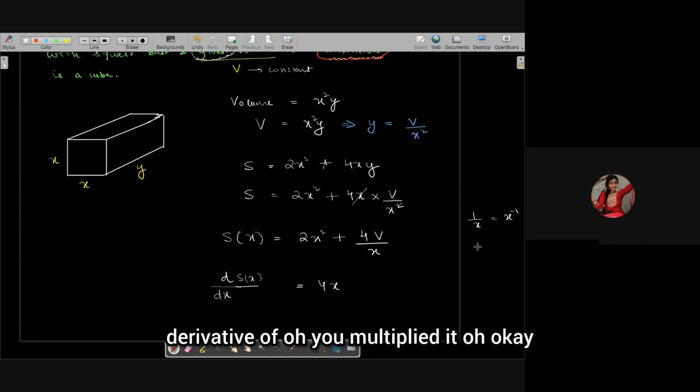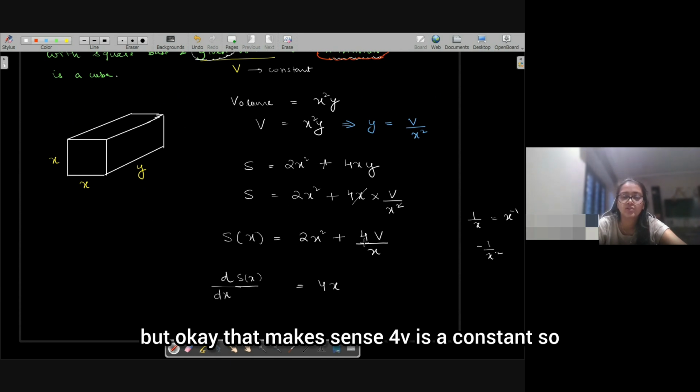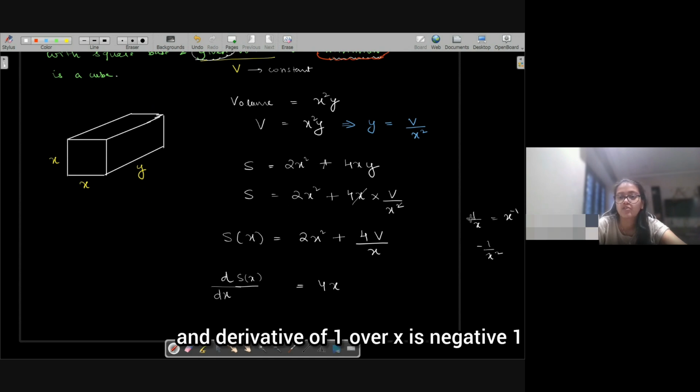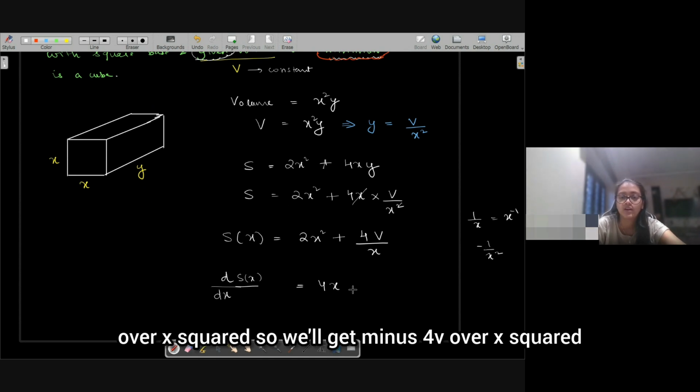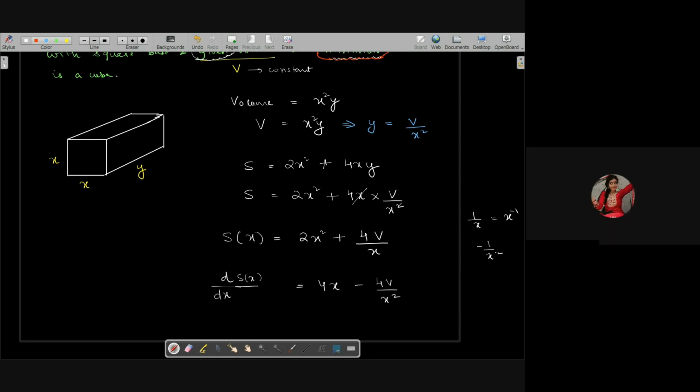Derivative of 1 over x. You multiplied it? Oh, okay. I thought we were supposed to use product rule, but okay. That makes sense. 4v is a constant, so you can ignore 4v. Just see there is 1 over x, and derivative of 1 over x is negative 1 over x squared. So we'll get minus 4v over x squared.